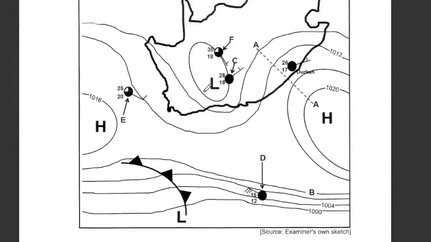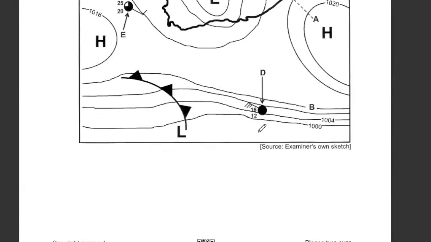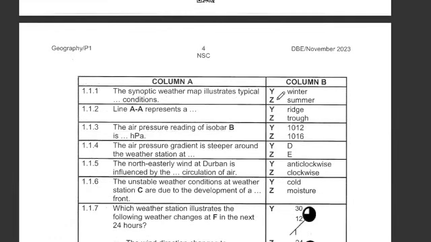When we look at the map here, there is a thermal low in the interior, which we all know only develops in summer. And when you check the positioning of the anticyclones and the cold front, it clearly indicates that the map is summer because it's far away from the coast.